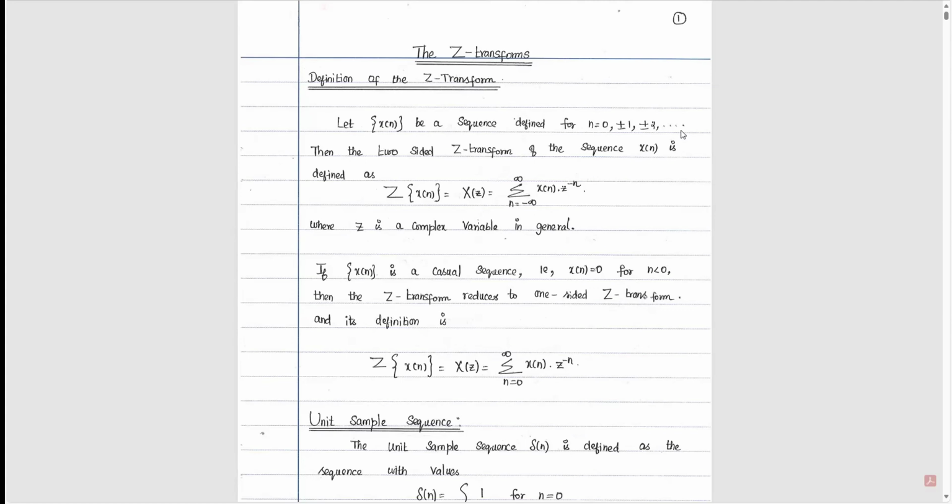Then the two-sided Z transform of the sequence x(n) is defined as X(z) equal to the summation from n equal to minus infinity to plus infinity, because we are taking both negative and positive values, of x(n) into z to the power minus n, where z is a complex variable in general.